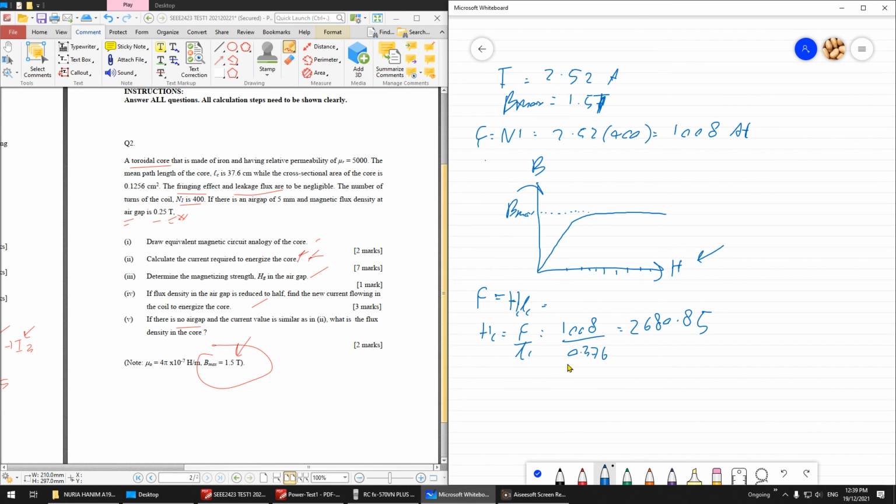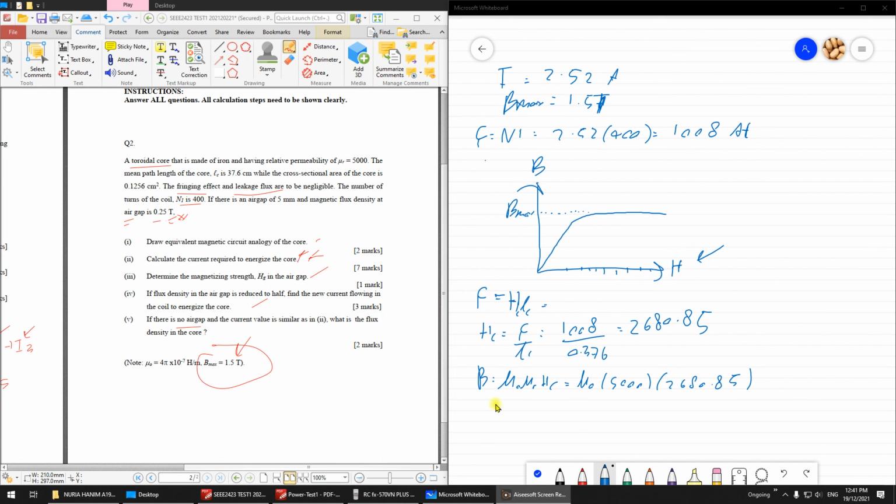And of course from this you have to find B. B is equal to mu naught mu r H. Mu r is 5000, H is 2680.85. So you get 16.84 Tesla.